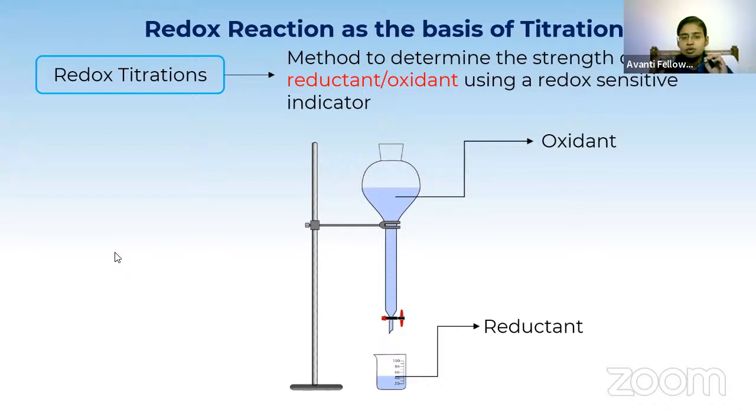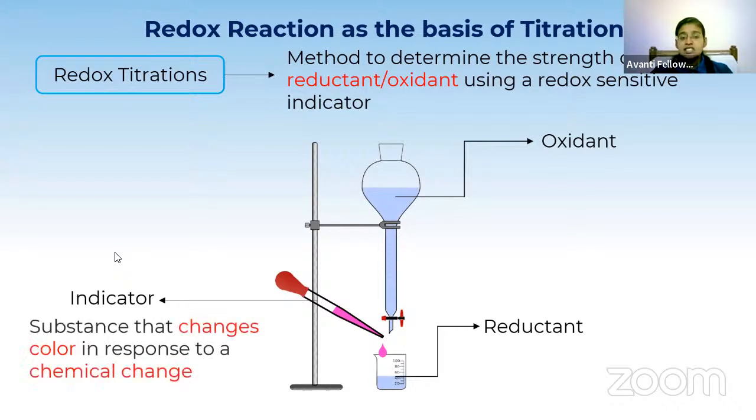Before doing the titration, we have to add an indicator. So what is an indicator? What is the definition of an indicator? An indicator is a chemical substance that changes color in response to a chemical change.